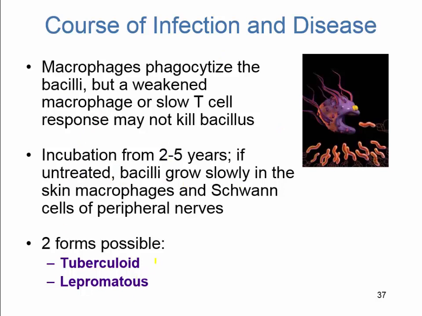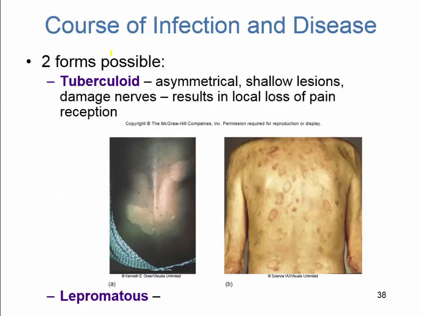And the two forms are tuberculoid and lepromatous. And tuberculoid is the least severe. Tuberculoid leprosy is when the immune system has a very pro-inflammatory immune response. So essentially what's happening is the pro-inflammatory response activates the immune cells so that the bacteria cannot penetrate the epidermal layers very deeply.